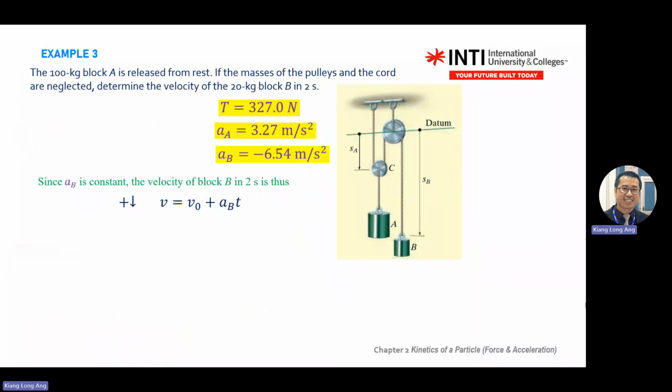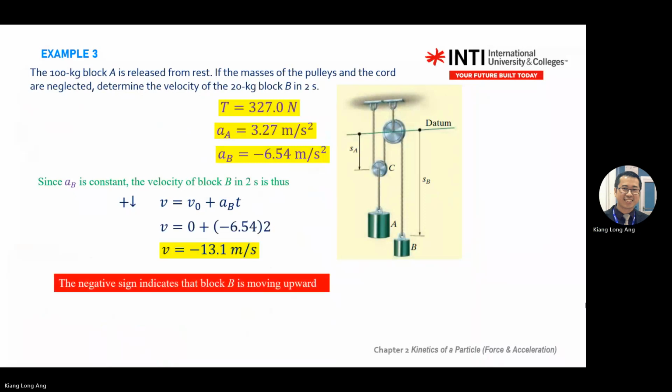In this case, you need to find velocity, you're given time, you have an acceleration. So be careful on what object is referring to because you have 2 accelerations there. This one asks you about B, so you just pull out the B information. In this case, you find negative 13 point something.